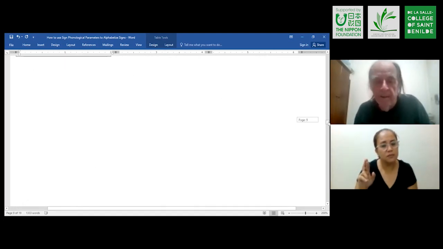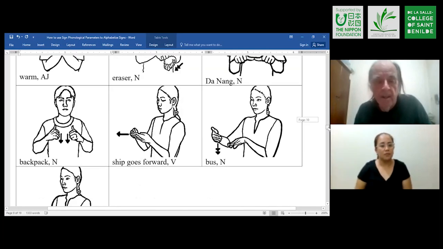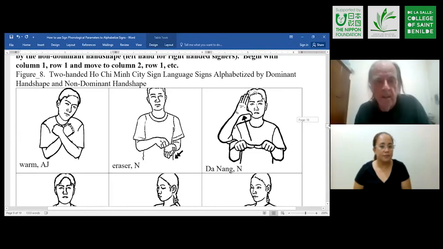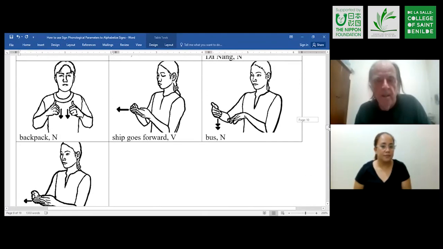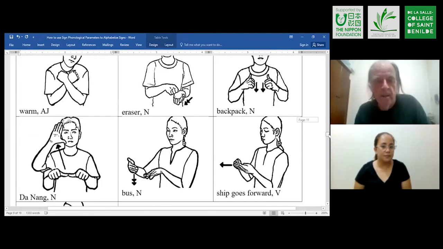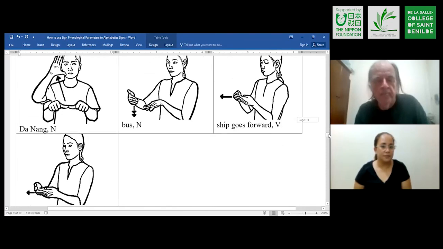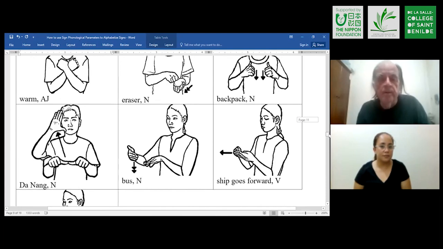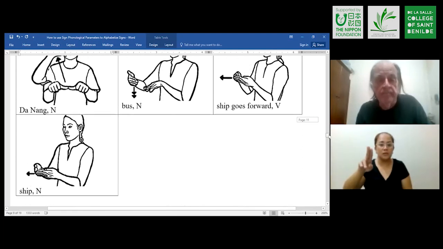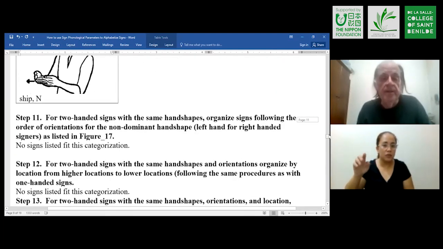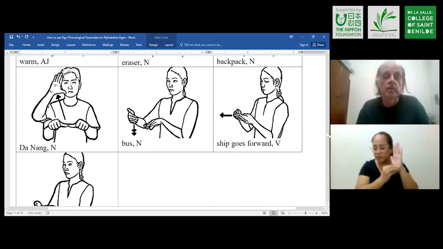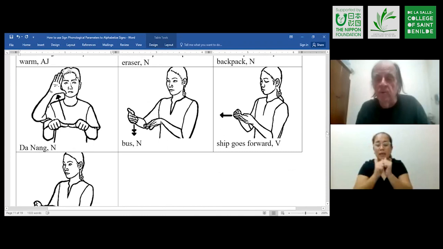Okay, let me go down. It depends on whether you take bus as having a B or a B with a dot hand shape. If you take it with a B hand shape, then the orientation is inward, and so it will go before ship goes forward.